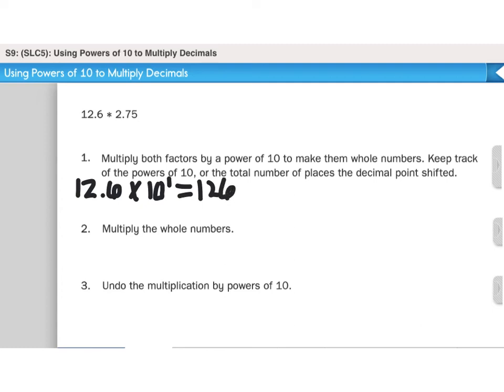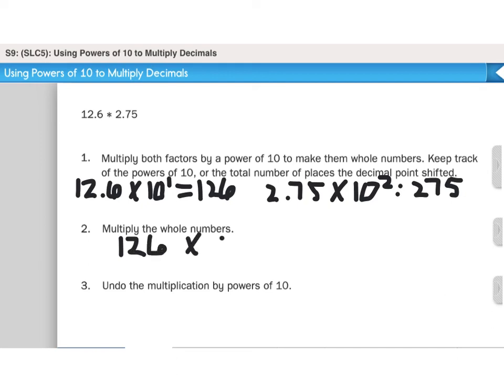It's going to move that decimal place over one spot. And then we're going to take 2.75 and multiply it by 10 to the second, which will give us 275. Next, we're going to multiply our whole numbers. So now we're going to multiply 126 times 275, which will give us 34,650.